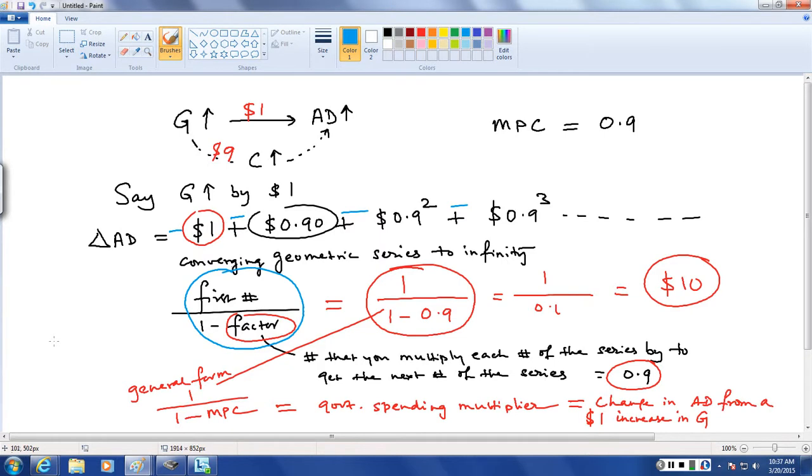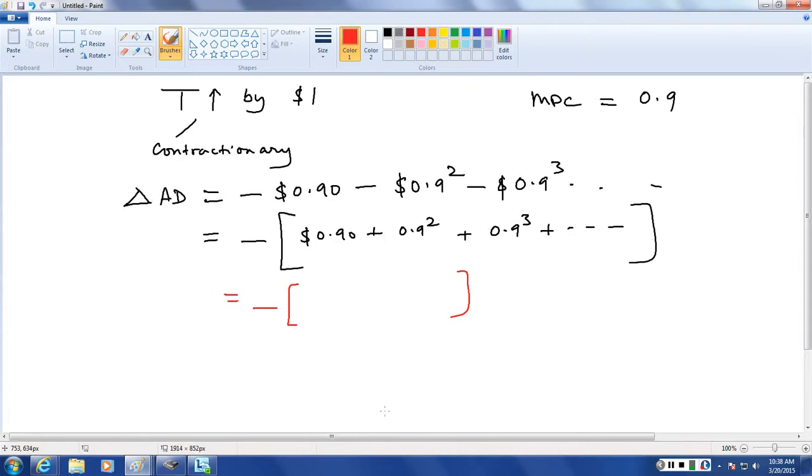Let's apply that. First number of series divided by 1 minus factor of the series. Right? So what's the first number of our series? That's the first number of our series. So 0.9 divided by, what's the factor of the series?